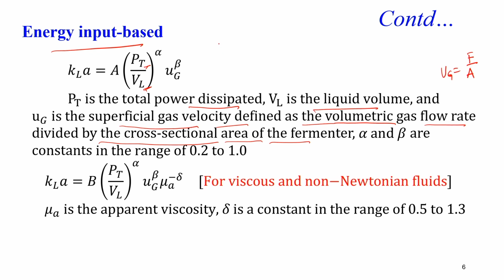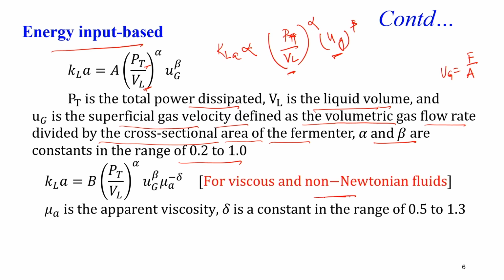So it says KLA, the mass transfer coefficient, is proportional to P_T upon V_L to the power alpha and superficial velocity to the power beta. So it is directly proportional to power requirement, directly proportional to superficial velocity, and inversely proportional to the liquid volume. And alpha and beta are constants in the range of 0.2 to 1.